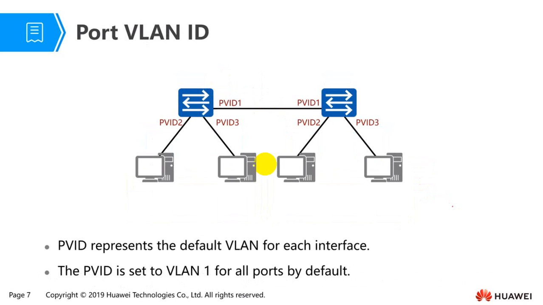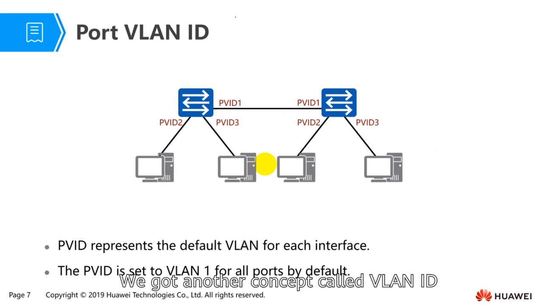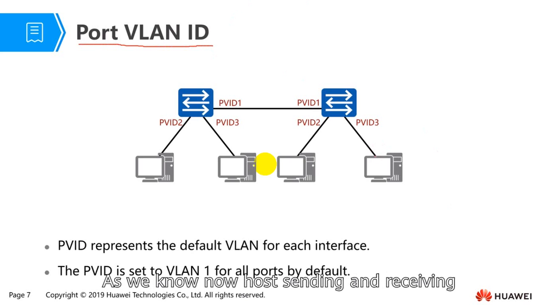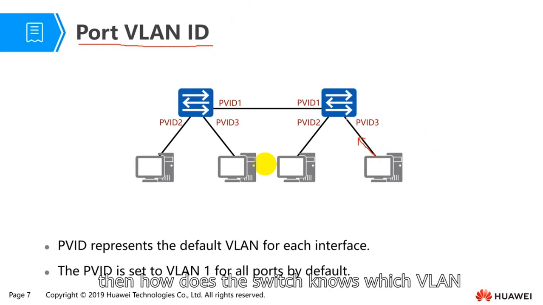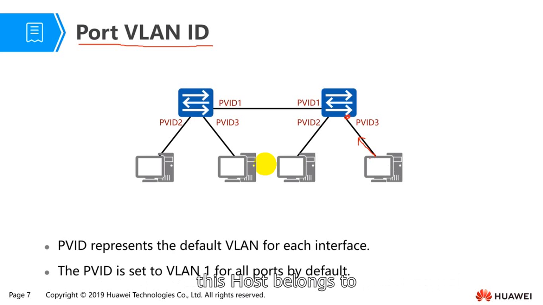And then we get another concept, the port VLAN ID. As we know now, hosts send and receive frames without a tag. Then, how does the switch know which VLAN this host belongs to?